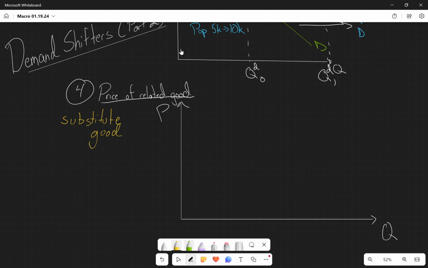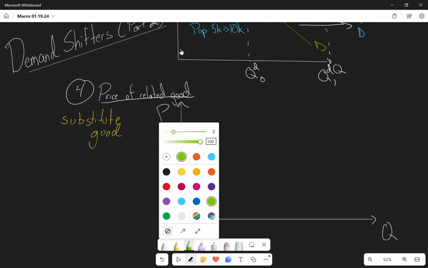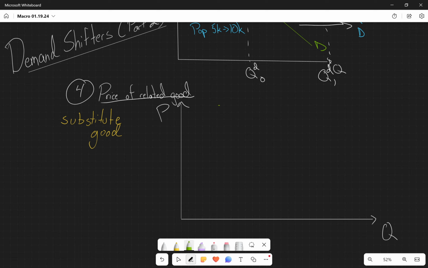So when we're talking about our demand curve, we have an initial downward sloping demand curve, and we're going to have some sort of market here. For this one, we're going to do hot dogs.